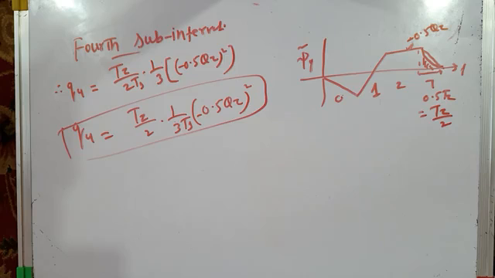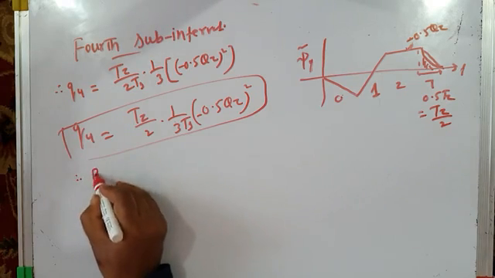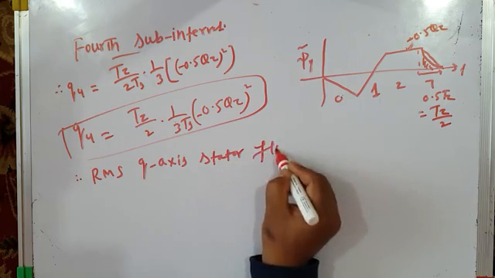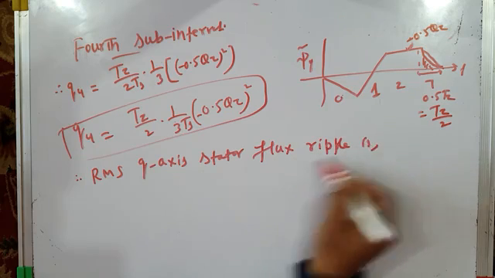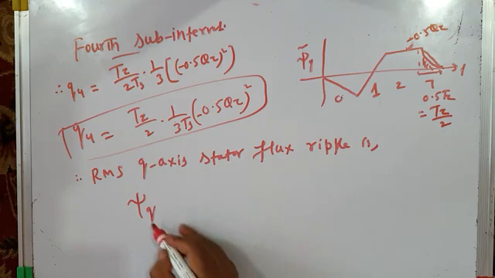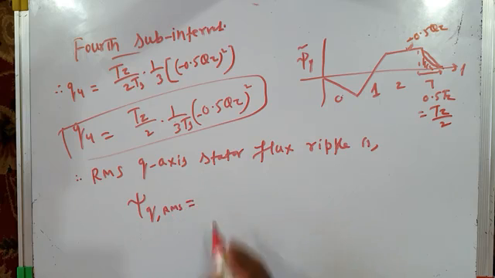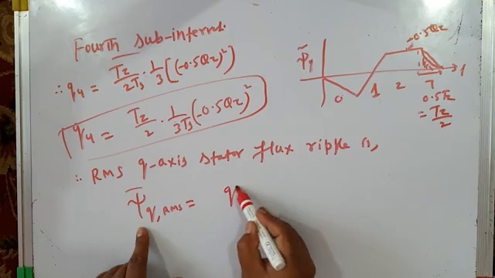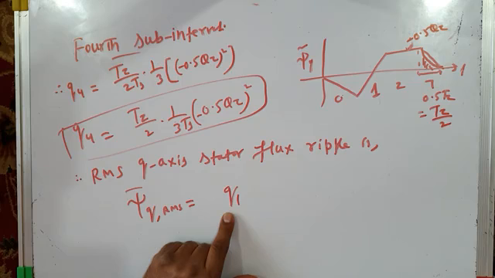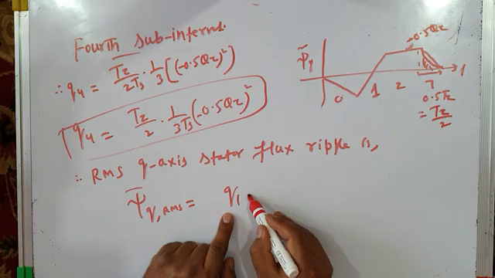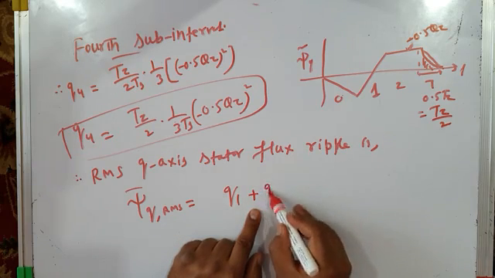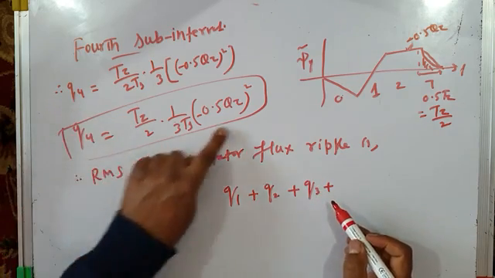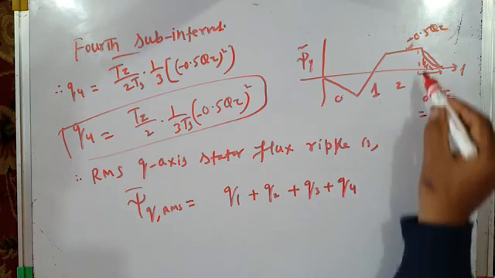Now once you know the area under all parabolas, the RMS Q-axis stator flux ripple, let's call this psi q RMS, is given by the following. The RMS value of Q-axis stator flux ripple is equal to the stator flux mean square, that is the area under the first parabola Q1 in the first subinterval, plus in the second subinterval the area under the parabola Q2, plus in the third subinterval the area under the parabola Q3, plus in the fourth subinterval the area under this parabola Q4.